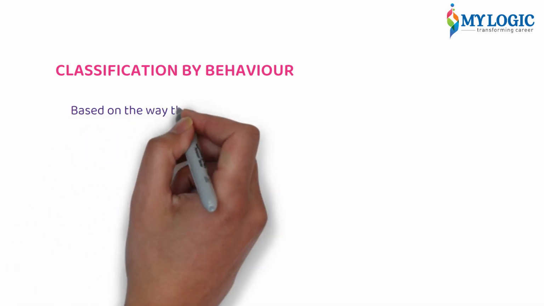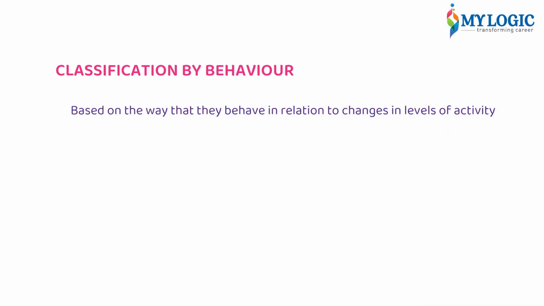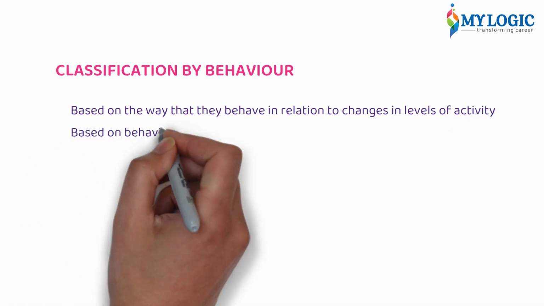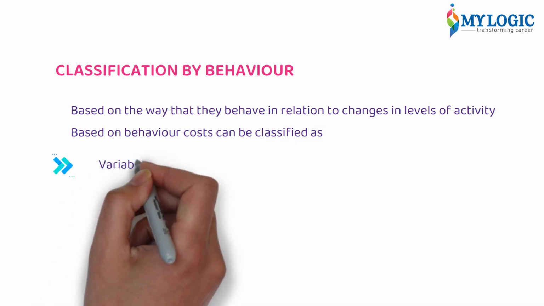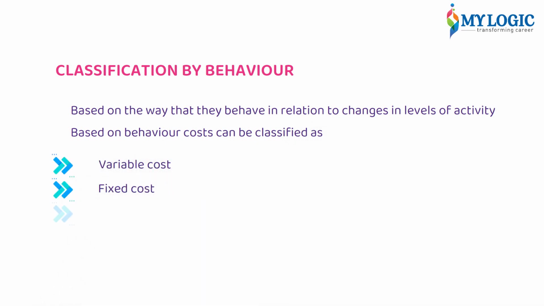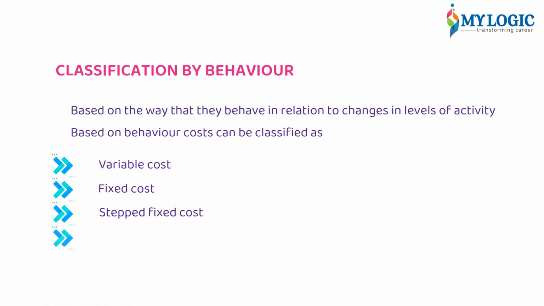Based on the way that they behave in relation to changes in levels of activity. Based on behavior, costs can be classified as variable cost, fixed cost, stepped fixed cost, semi-variable cost.